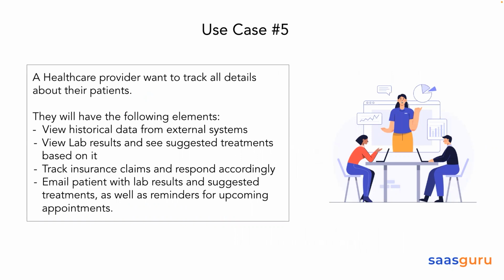A healthcare provider wants to track all details about their patients. So they will have the following elements: historical data from internal and external systems, like lab results, the suggested treatments maybe, or previous treatments for the customer based on similar lab results, track insurance claims and respond accordingly, and email patients with their lab results and suggested treatments, as well as reminders for upcoming appointments.